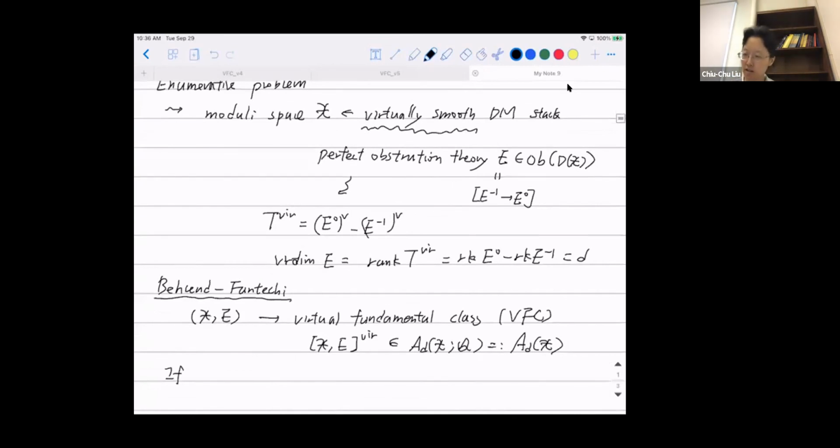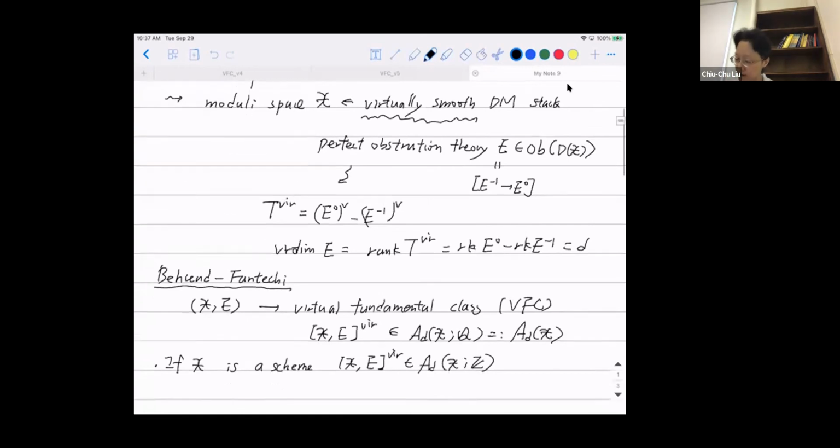In some cases, the moduli space is actually a scheme. If X is a scheme and you apply this construction, the virtual fundamental class you get will actually be in a Chow group with integral coefficients. You get an integral class.